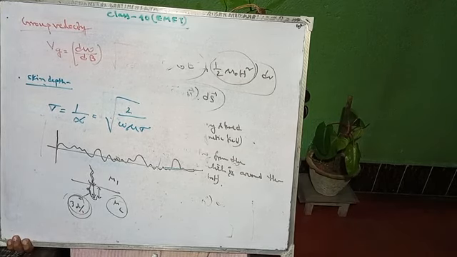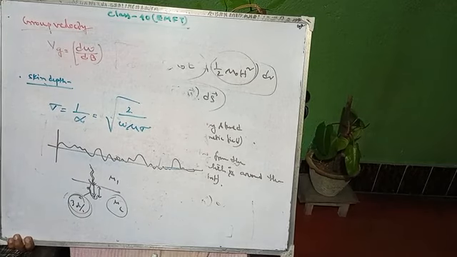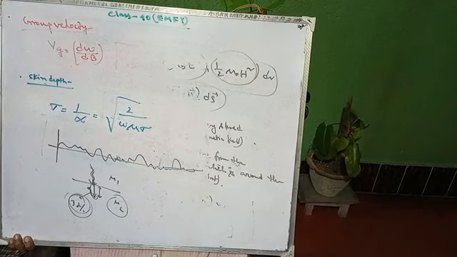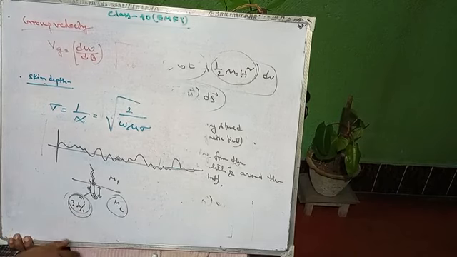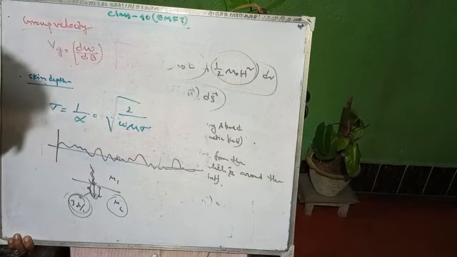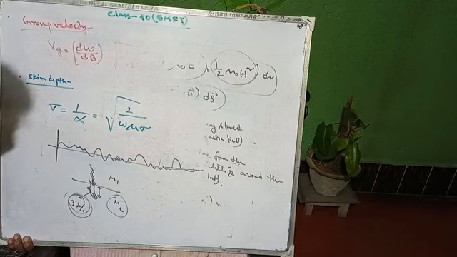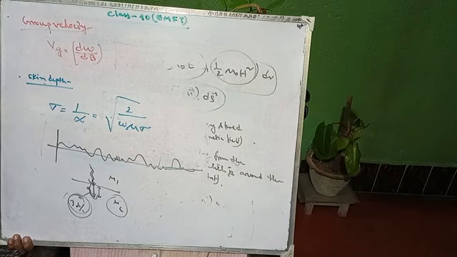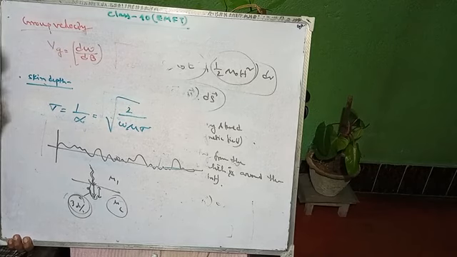Skin depth is the last topic of this module, and so today class number 40 is completed. After 40 classes, we have completed your first module, vector analysis, second module, coordinate systems, third module, electrostatics, fourth module, magnetostatics, fifth module, time varying fields, and sixth module, wave propagation and electromagnetic waves.